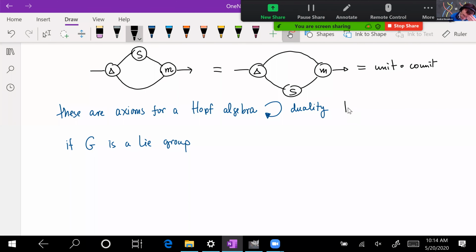And so then if I take the dual Hopf algebra for the group algebra here, it would be functions on my group. So these are functions on G. And so this means the operations are product: multiplication is just multiplication of functions.